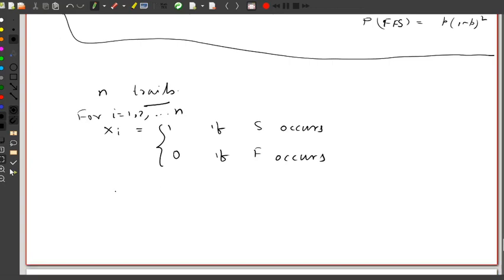So that means I have X1, which tells whether the first one is a success or failure. I have X2, which tells whether the second trial is a success or failure, and so on. I have Xn, which tells whether the last trial is a success or failure. Now, note that if I add them up, it is basically nothing but our X, which is the total number of successes in n trials.